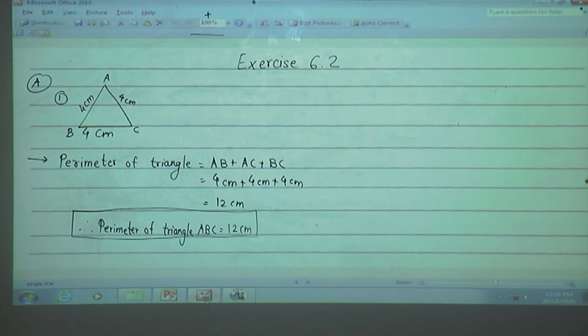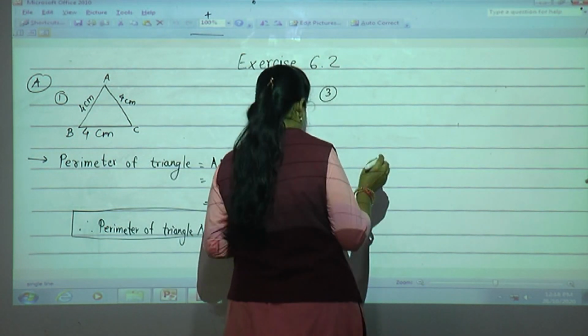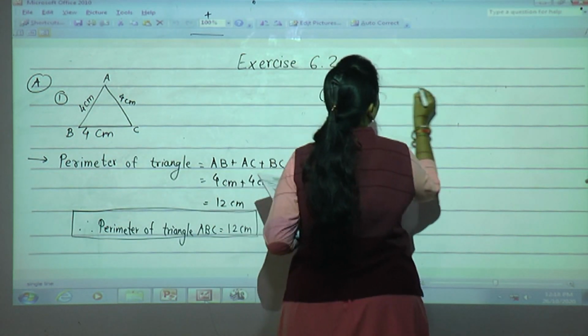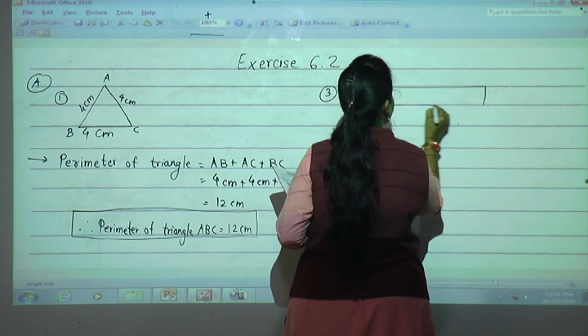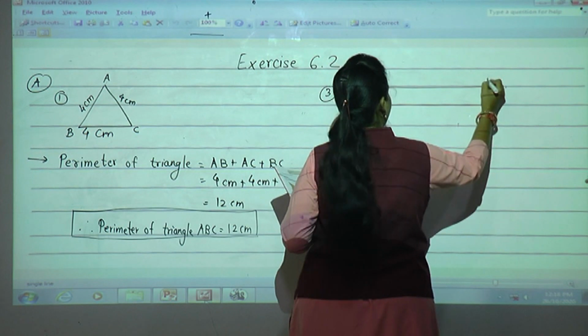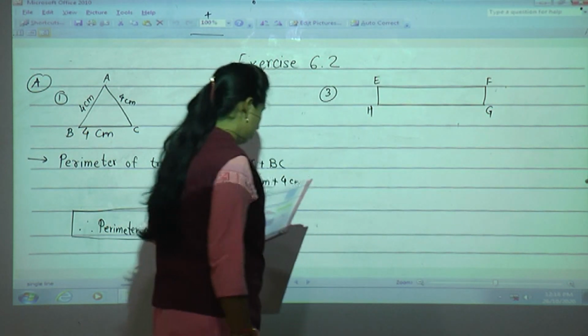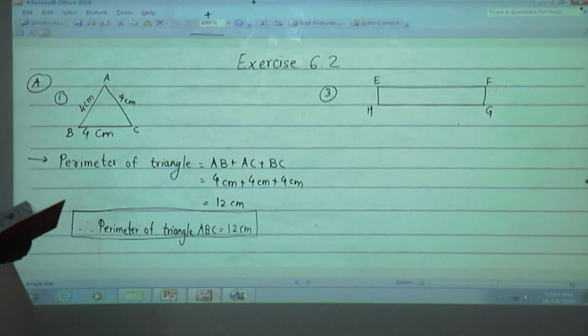Okay, now the third one I will solve for you. See the third one. Now everyone use the ruler. See, a rectangle is given here. You are going to measure and tell me E, F, G, H. Now use the ruler, come on.